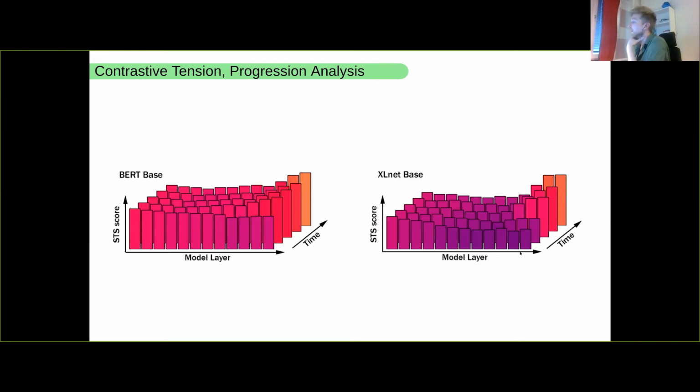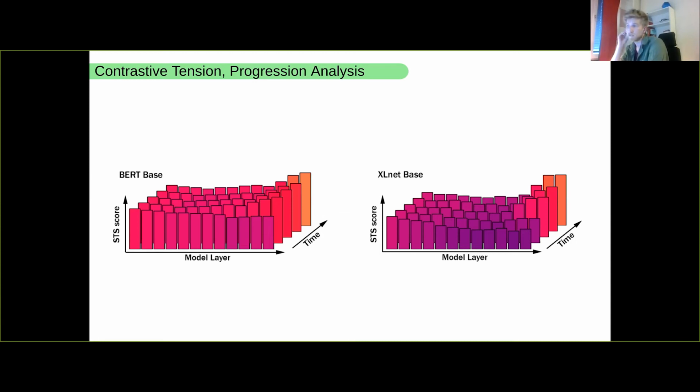And as training goes along, the latter layers show more and more semantic cohesiveness. Yeah, I suppose this is somewhat intuitive if you just buy into the whole idea that CT works.